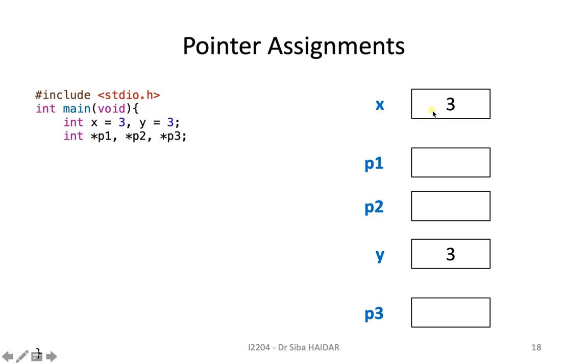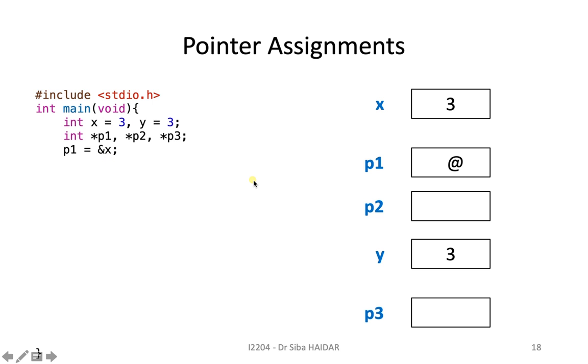So here are my variables x and y, both initialized to 3. P1, P2, and P3 are pointers, but we don't know yet where they are pointing. Just because we put asterisks doesn't mean they are pointing somewhere. They are still uninitialized.